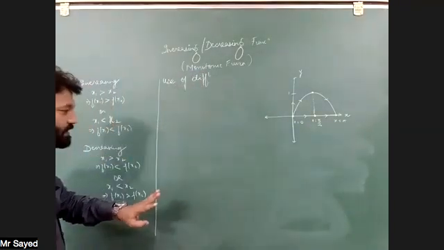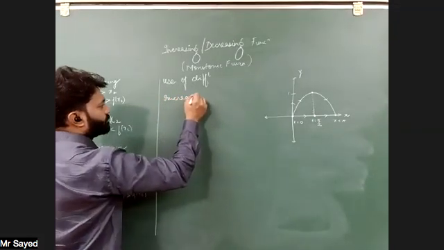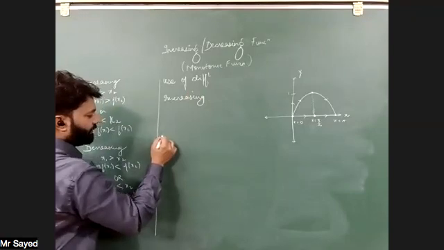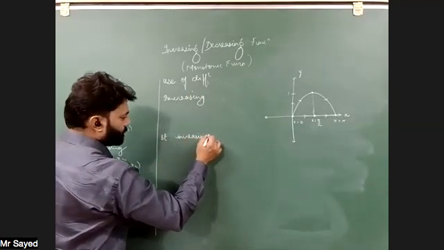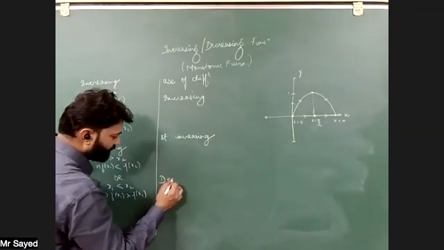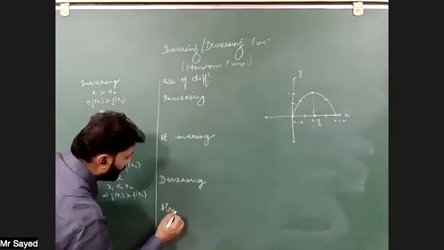So there are 4 things in all now. Increasing function. Then there will be strictly increasing function. Then decreasing function. And then there will be strictly decreasing function.